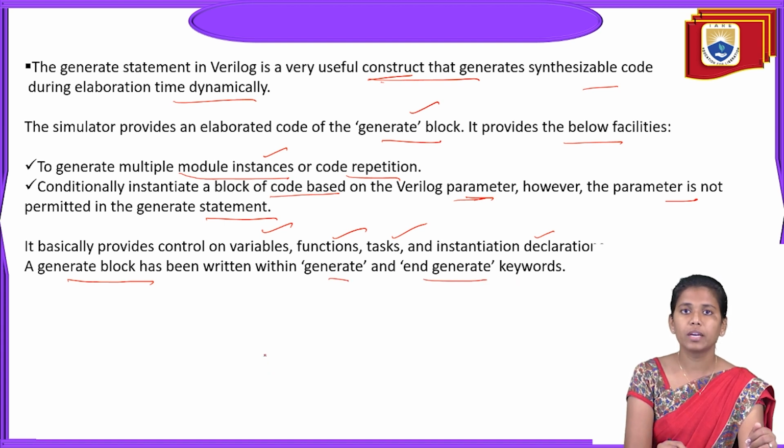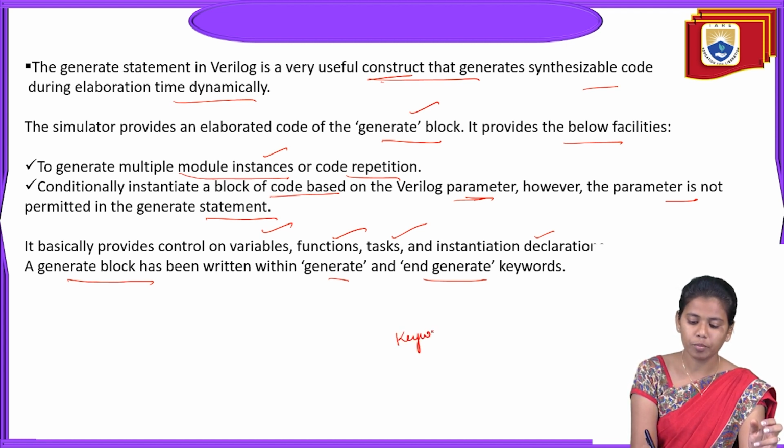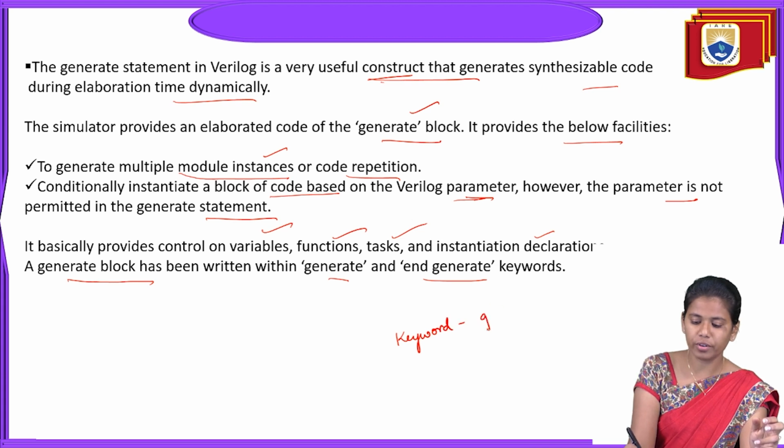The generate block can be observed using variables or parameters, and the parameters can be obtained from the Verilog library. If you are writing code with respect to the generate block, the starting line of the code should contain the keyword generate.